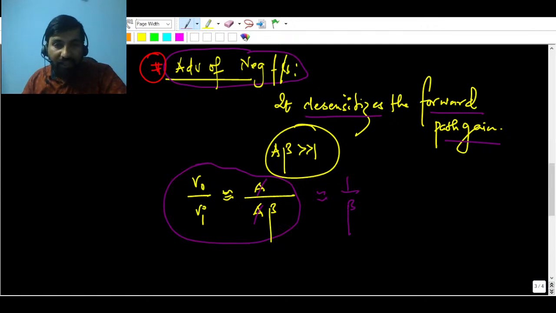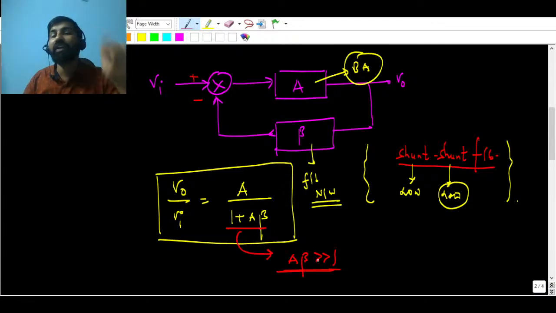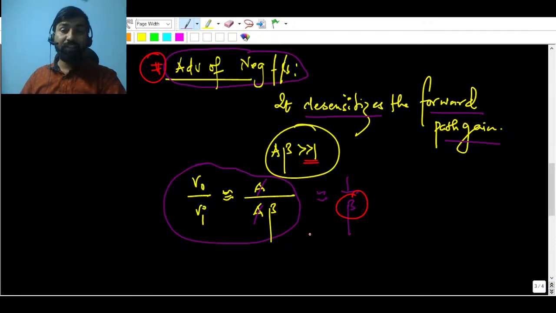If the gain is very high, you can neglect the one here, because A beta is far greater than 1. This is the loop gain, and this is going to be the overall gain. The overall gain now depends on beta, and this beta is the feedback factor of the feedback network.